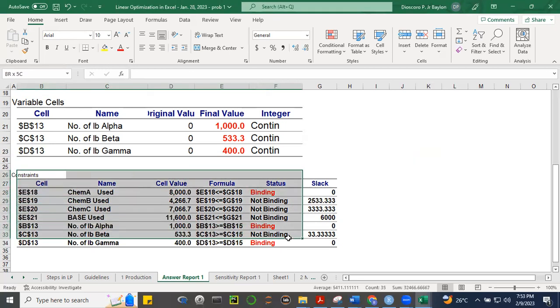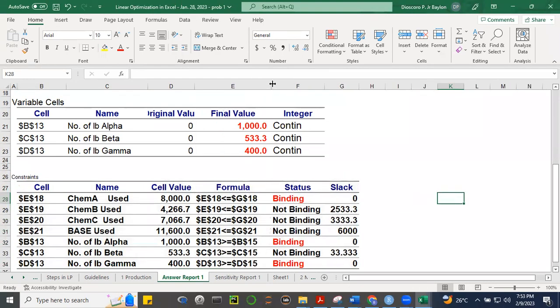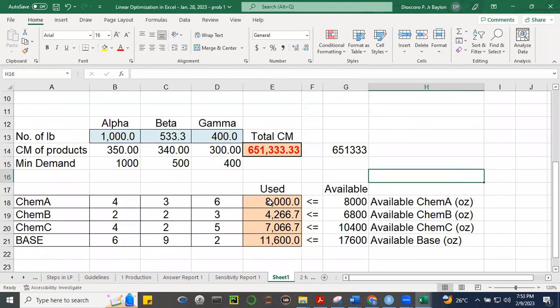So a constraint is binding if you have a strict equality. What do I mean by strict equality? Take a look at chemical A. If we take a look at our model, the used resource is 8,000. The available is 8,000, right? So our left-hand side and right-hand side are equal. If we take a look at alpha, the units to produce, 1,000. Our constraint is 1,000.